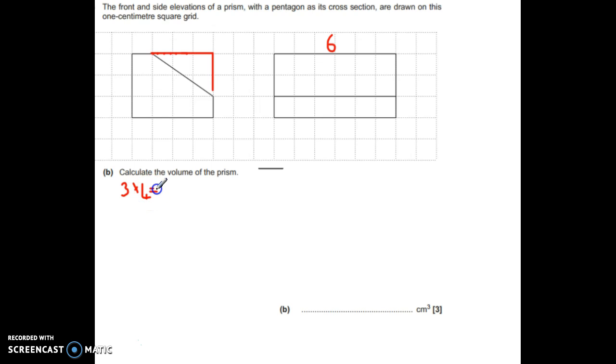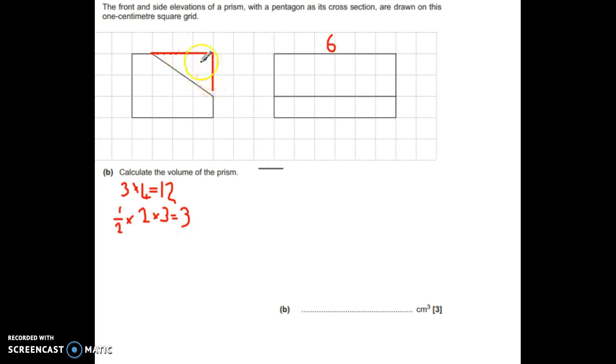And then the area of a triangle is half base times height. So we're going to have half times the base, which is 2, times the height, which is 1, 2, 3. So 2 times 3 is 6, and if we halve it, that gives us 3.